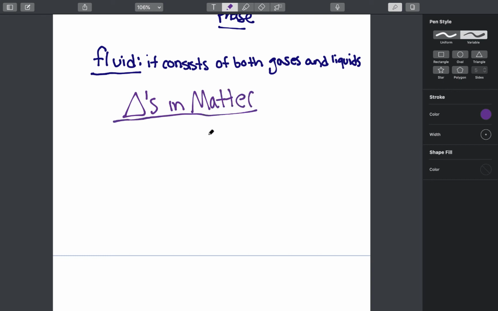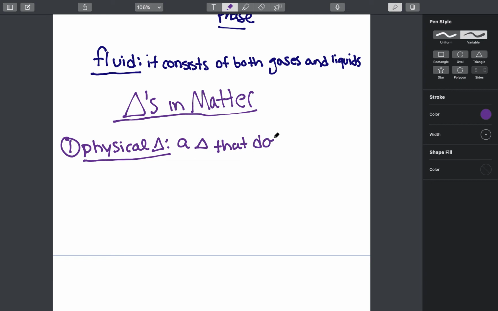There's two types of changes that you should know about for Gen Chem. The first is a physical change. Remember, the triangle means change.